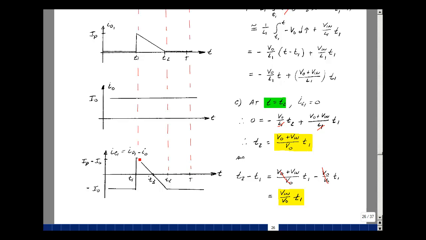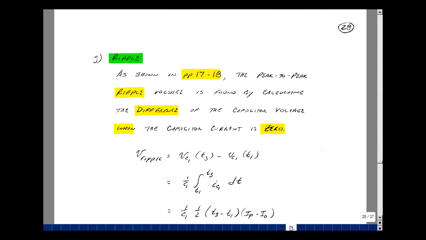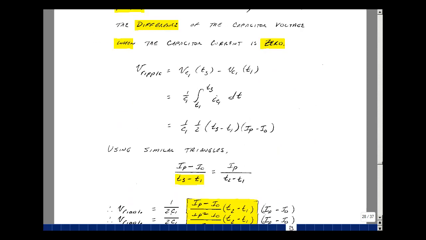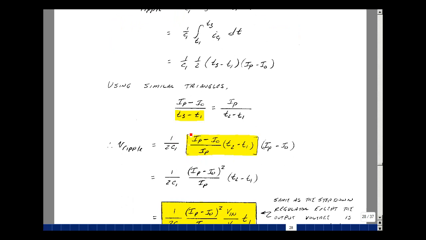So the ratio of this height to this, so it'll be I sub P minus I0 minus minus I0, which would be just I sub P divided by T2 minus T1. As a ratio, it has to be the same as the difference of this with 0, which would be I sub P minus I0 minus 0 divided by T3 minus T1. It's back on page 28. Our formula for similar triangles. So that's this expression right here.